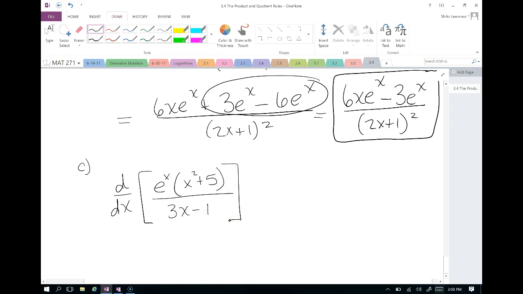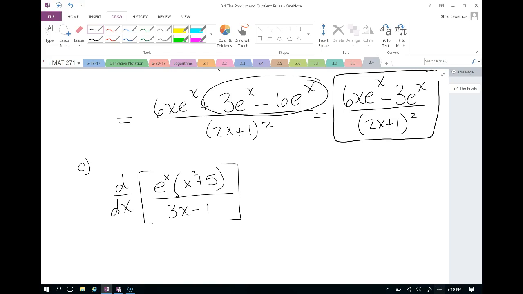In this function, we see a product in our numerator, but also the entire function itself is a fraction or a quotient, so we have to use quotient rule. One of the most confusing things sometimes is to figure out whether to do the product rule or the quotient rule, and technically we're going to do both of them, but it might be unsure where to start.